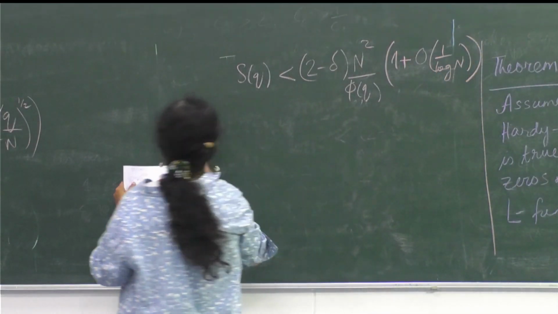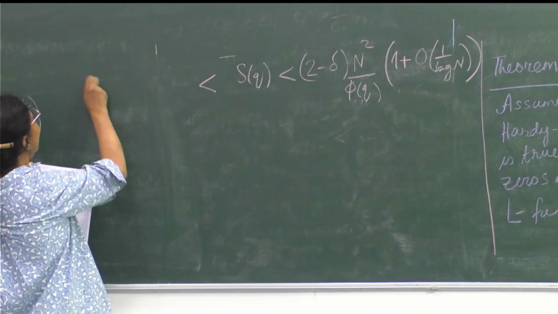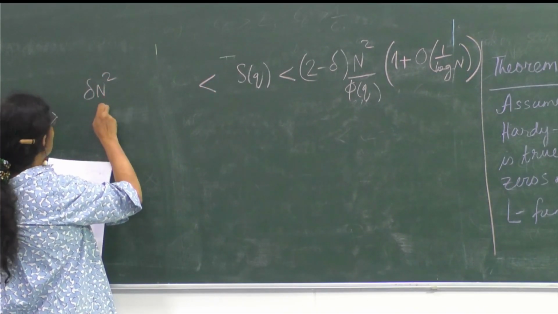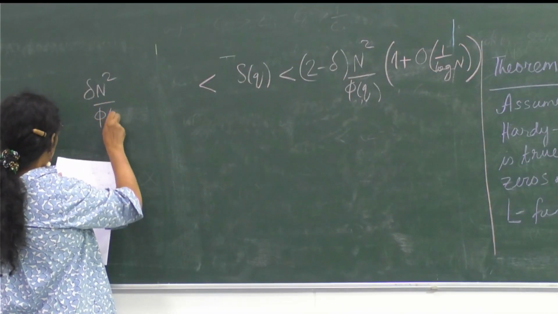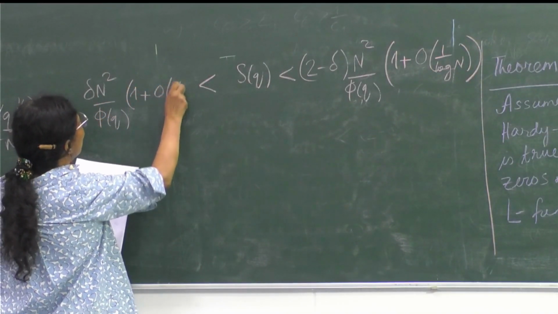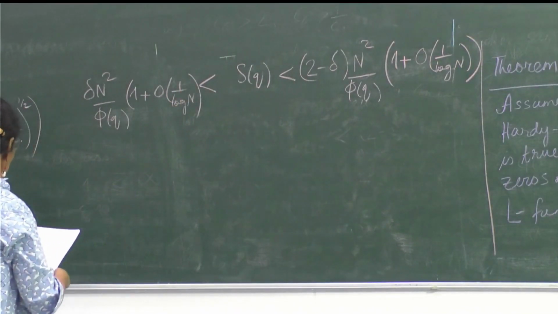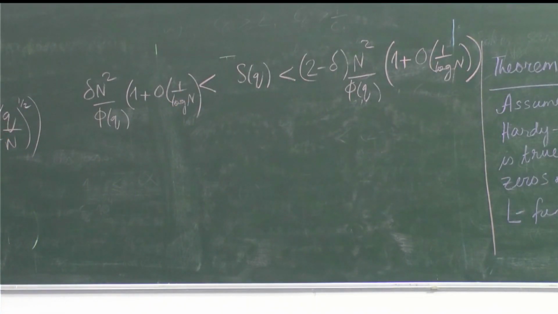And on the other hand, this is between delta n square by phi of q, 1 plus O of 1 by log n. So this gives then delta.